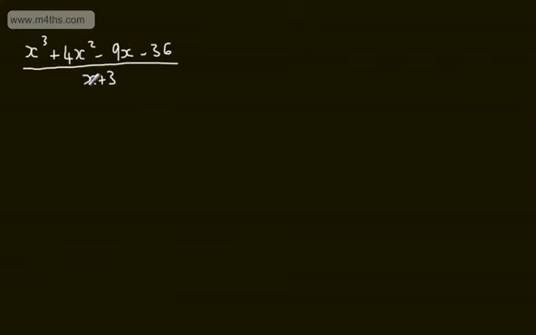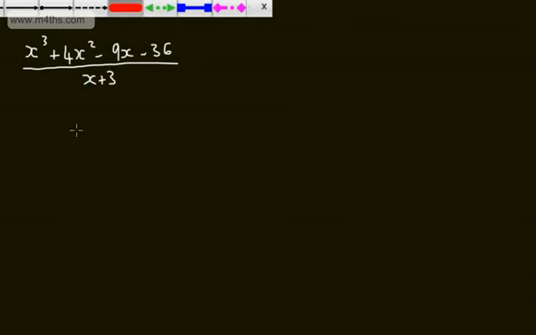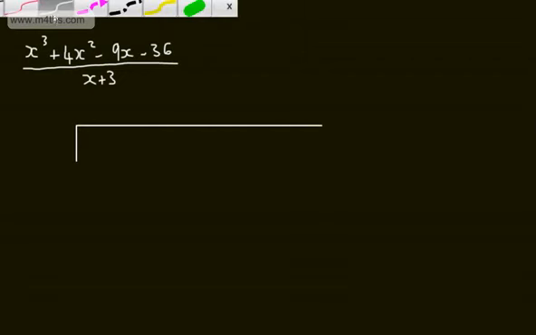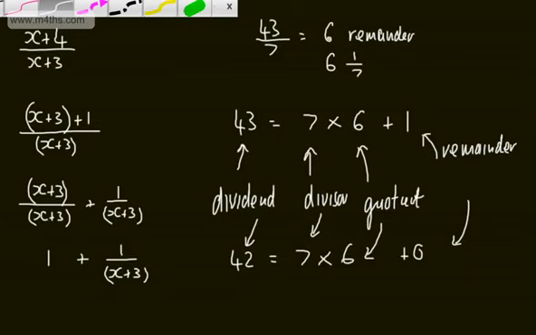So I've got a linear and then I've got a cubic. We can see this as an improper fraction as x to the third over x to the first. What we do is set up the division, and you might have done something similar if you did numeric long division when you were at primary school, or you might have done long division with a polynomial.